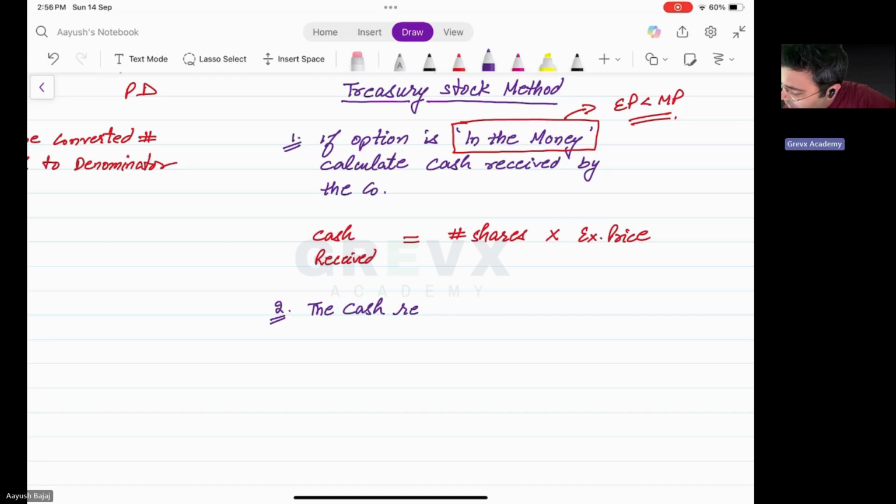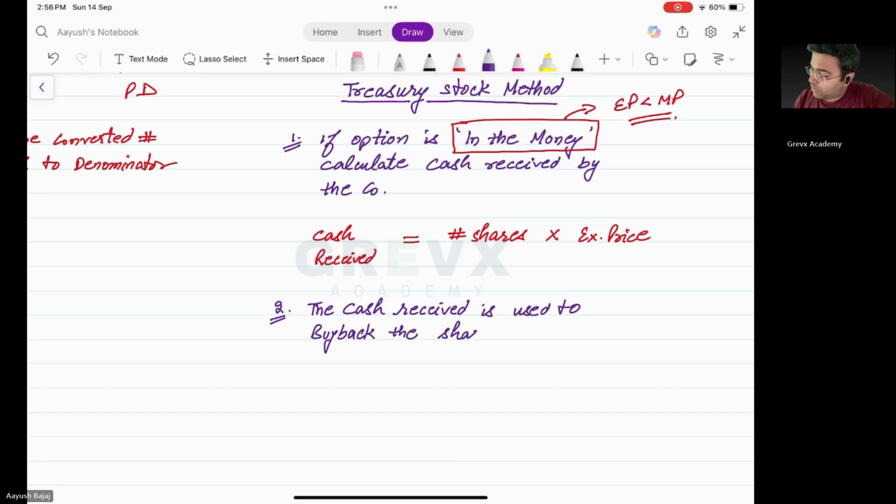So the cash received is used to buy back the shares from the market at the market price.